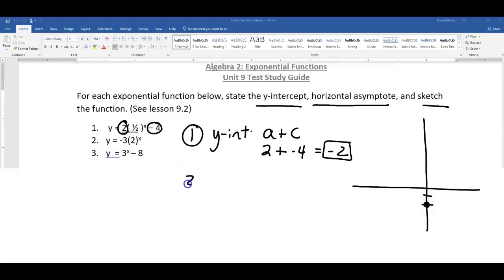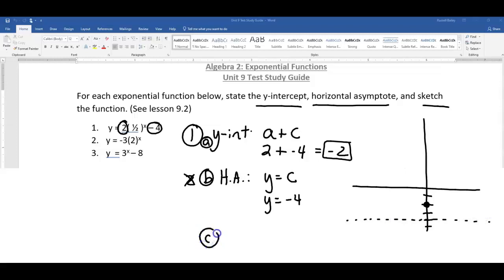Next, we're going to find our horizontal asymptote. That is located at y equals c, and since c is -4, that's where my horizontal asymptote will be. So -4 is about here.